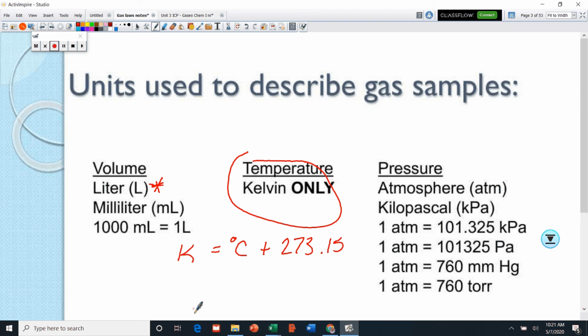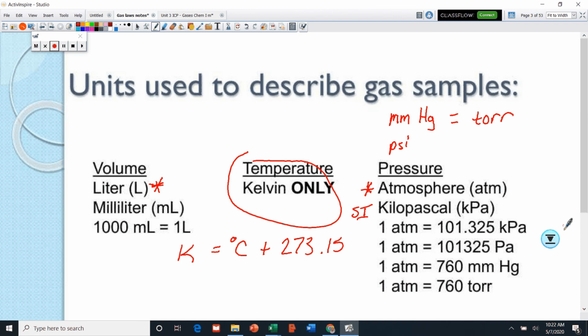And then for units for pressure, the one that I like to use the most is atmosphere. However, the SI unit is kilopascal. These are the main ones you'll use, but you'll also see PSI, which is pounds per square inch. You will see something called millimeters of mercury, and an equivalent unit of that is sometimes called torr.